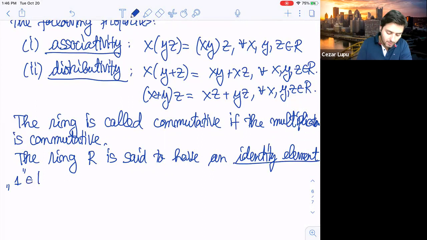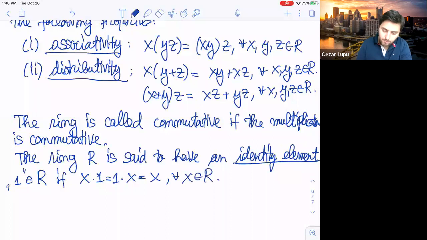So this one is in R, if x times 1 is the same as 1 times x and is x for all x in R.